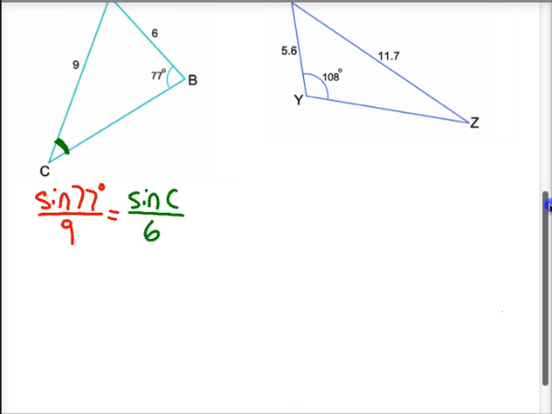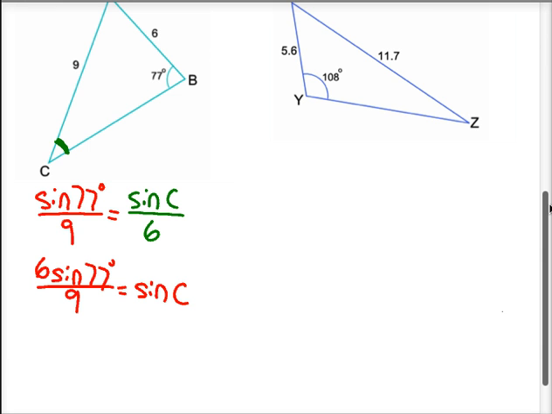All right, so need to get C by itself. The first thing is that sine of C is being divided by 6. So the first thing I'm going to do is I'm going to multiply that 6 over. So 6 sine of 77 degrees over 9 equals the sine of C.